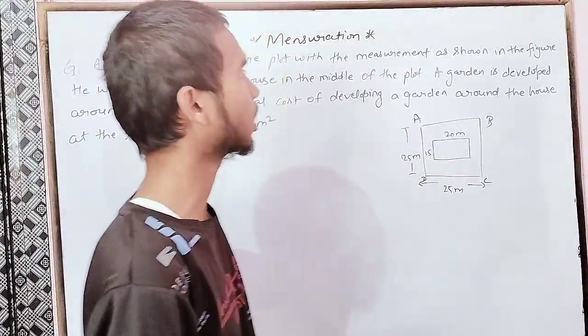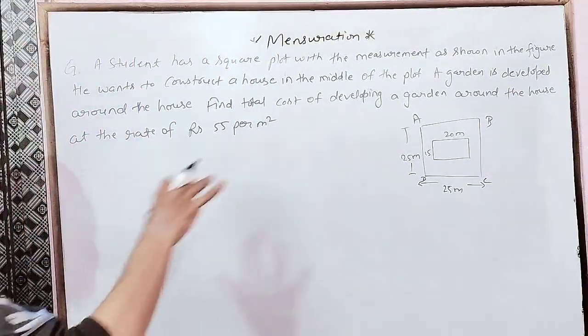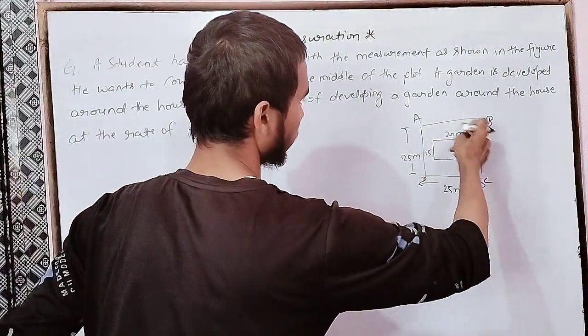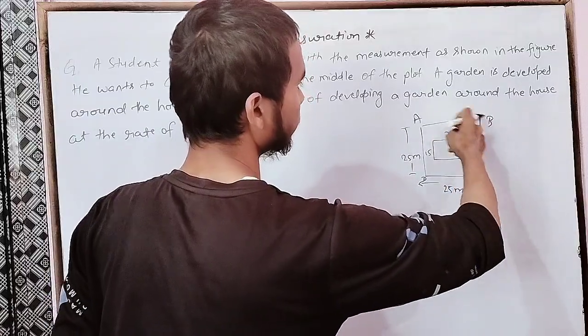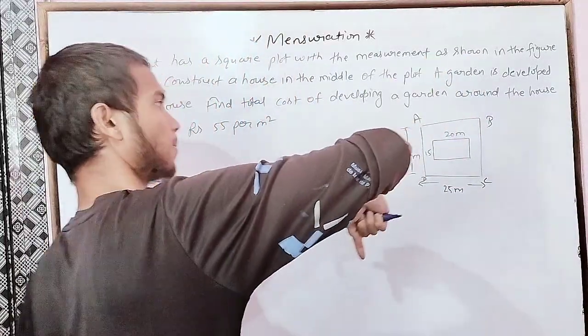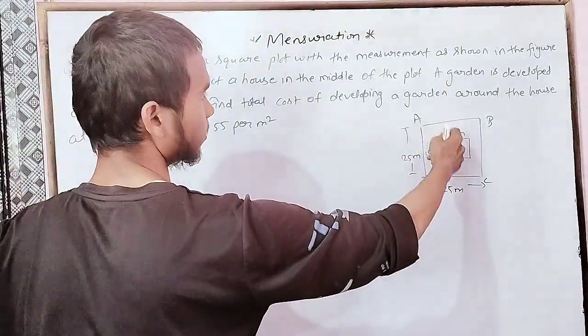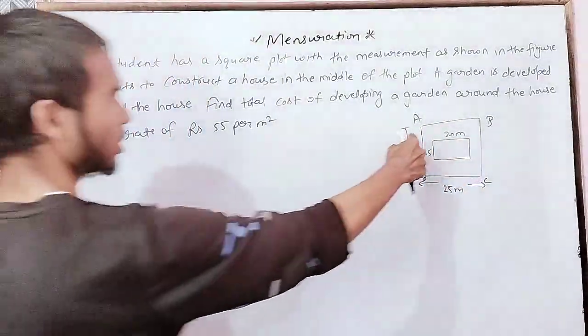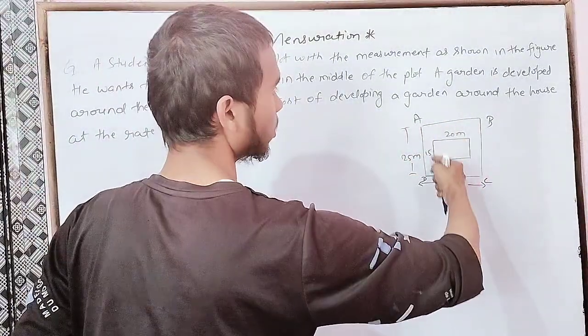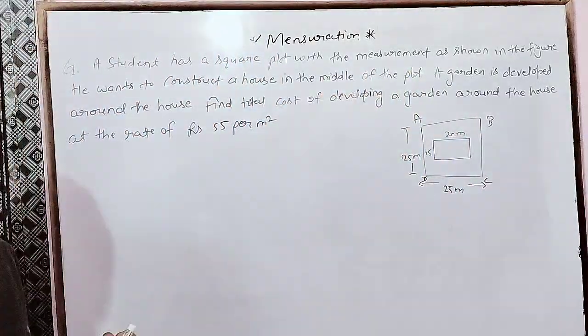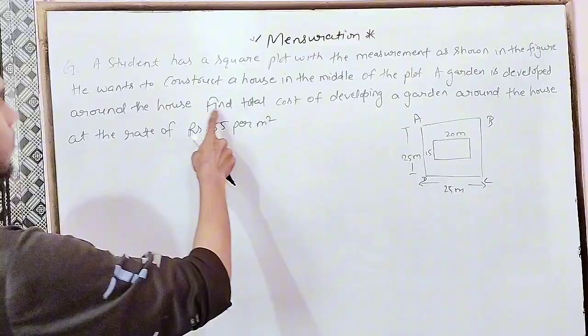A garden is developed around the house, in the particular left area of the plot between here. So here he wants to develop a garden around the house.